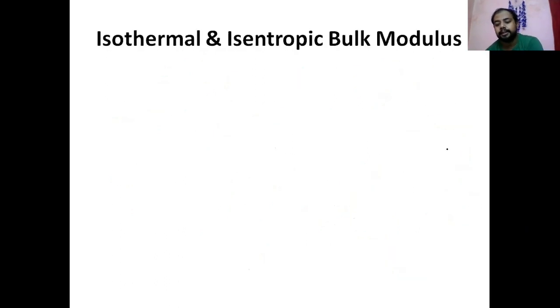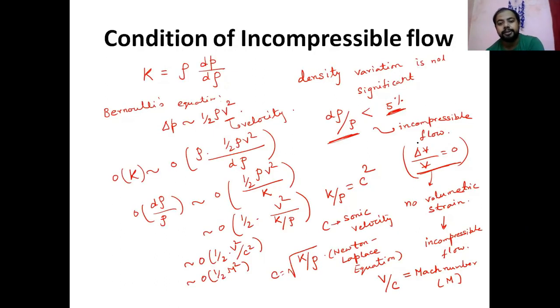So what is the concept here? You see, the order of the density, if you write it down here, in terms of the density. From Bernoulli's equation, you can see the pressure change is half rho V square.